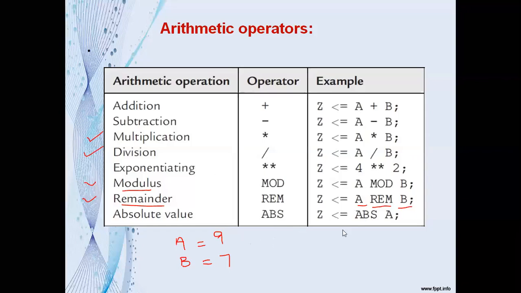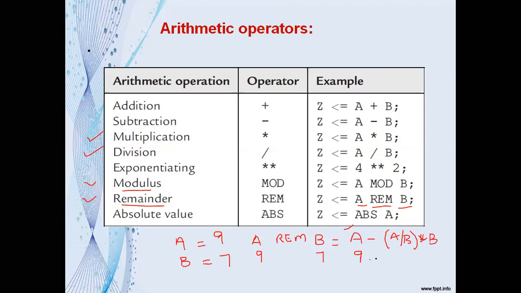For the remainder operation, A remainder B is equal to A minus (A divided by B) multiplied with B. The result of this function is the remainder value of A and B. Now take A as 9 and B as 7, and apply these here.